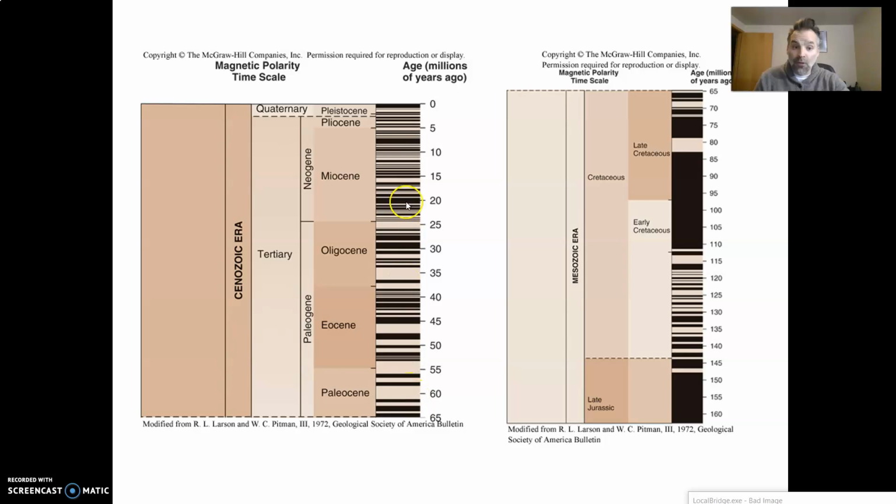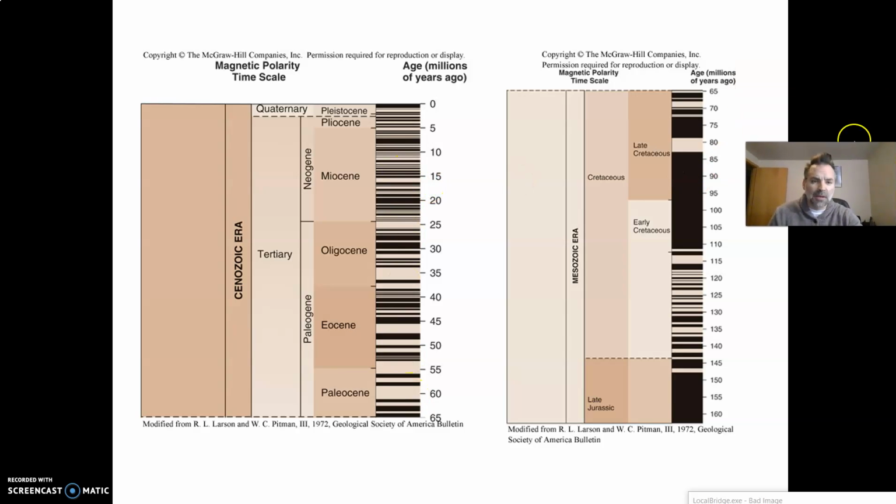So this is age in millions of years ago here, and this represents the magnetic polarity. This is just showing that we have changes in magnetic polarity through time. So I think the black represents normal polarity, and the lighter color represents reverse polarity.